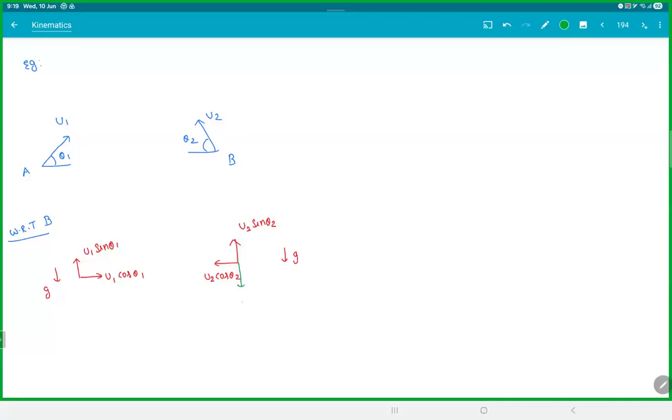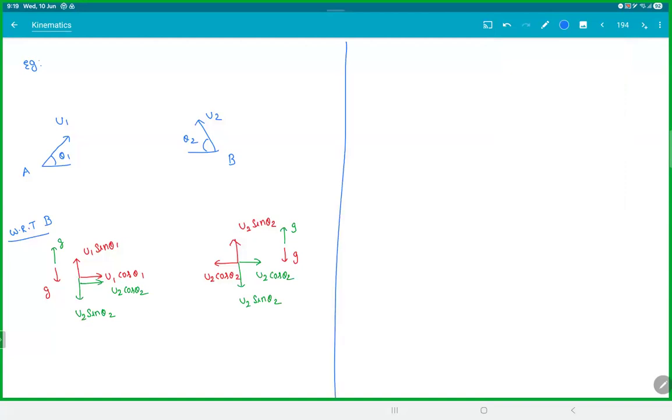So reverse will be u2 sine theta 2. Remember, you have to do the same thing for this guy also. So whatever you subtract from B, you have to subtract the same thing from everyone. u2 cos theta 2. Gravity g upward. You just put everything in reverse.